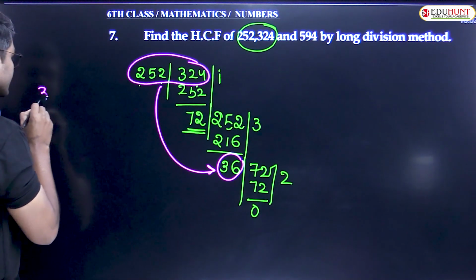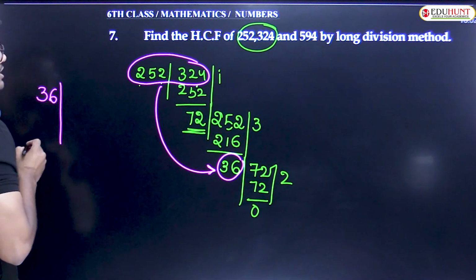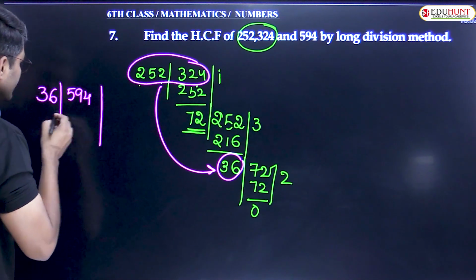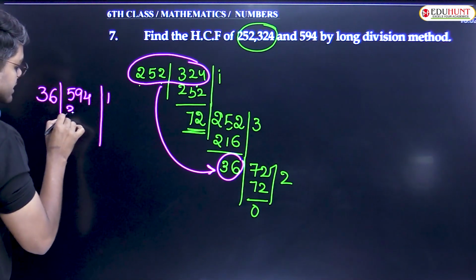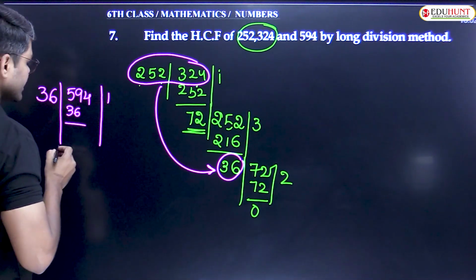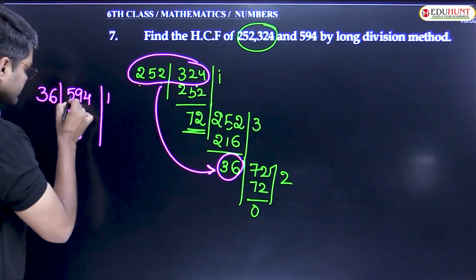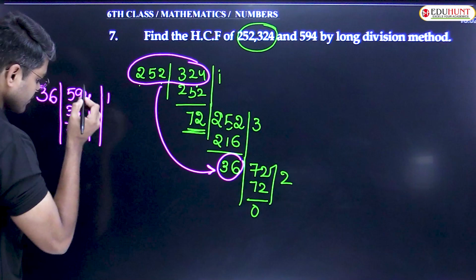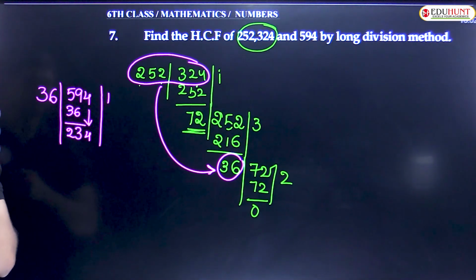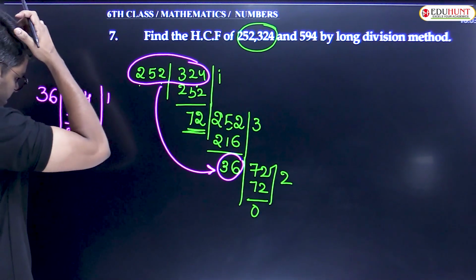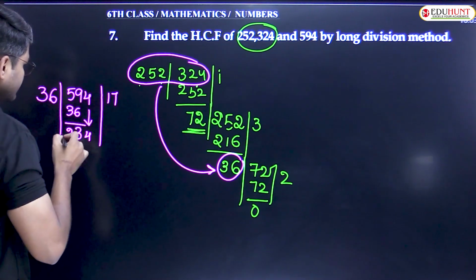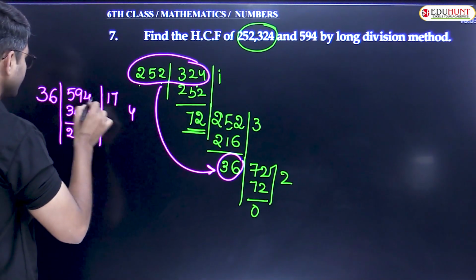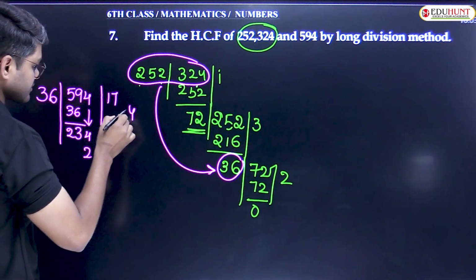Here it is 36. It should divide 594. 36 once 36. Here remainder is 234. 36 sevens, let's take 252.